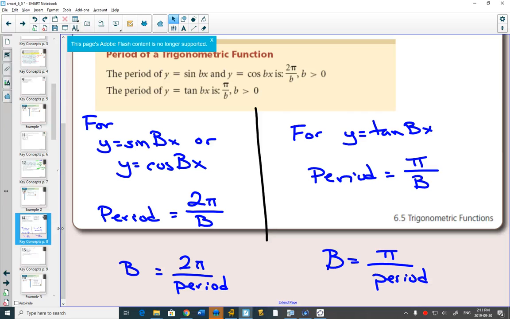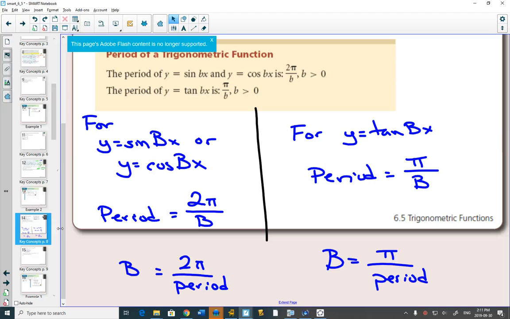Your b value isn't your period. Unlike your a value, where your a value is basically your amplitude, your b value helps you find your period. And since the original period for sine and for cosine is 2 pi, and your b value is horizontal, so you always multiply by the reciprocal, you would multiply your period by 1 over b.